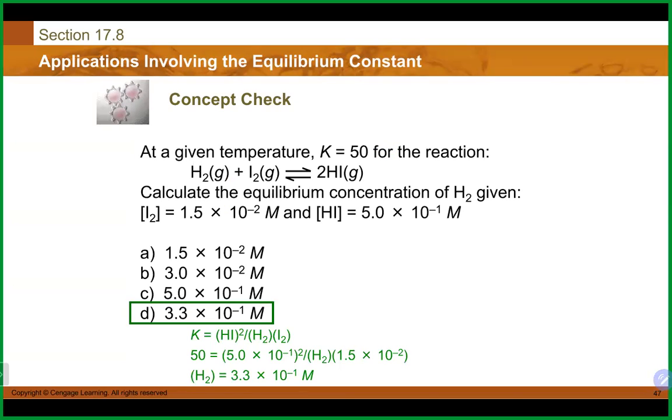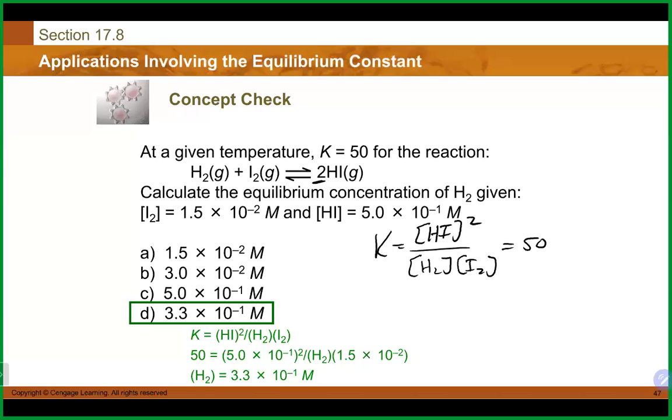All right, so let's talk a little bit about using the equilibrium expression to solve for maybe a missing equilibrium concentration. Clearly, we could just stick our values in there and get the equilibrium constant. So in this case, if we were to take this reaction, K is equal to our HI, and again, we would square it because of the coefficient, divided by the concentration of H2 and the concentration of I2, and this equals 50.